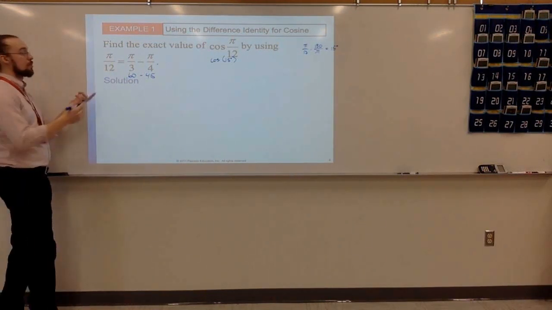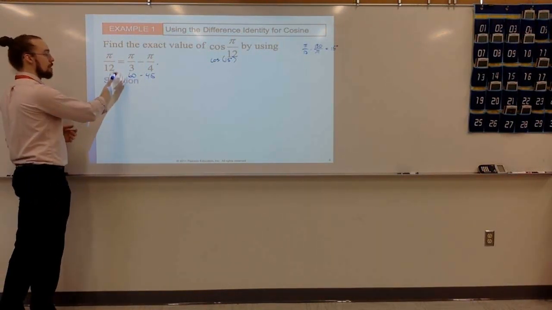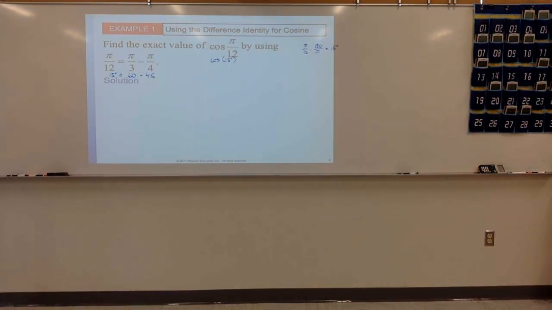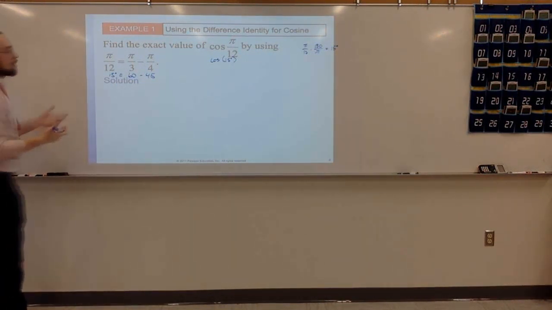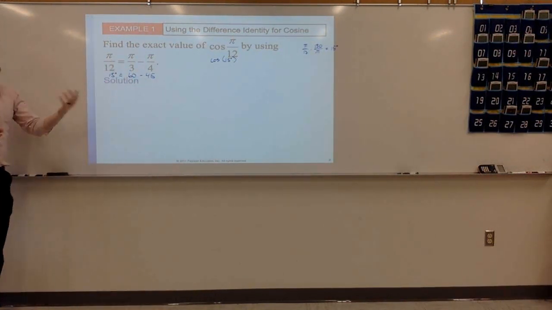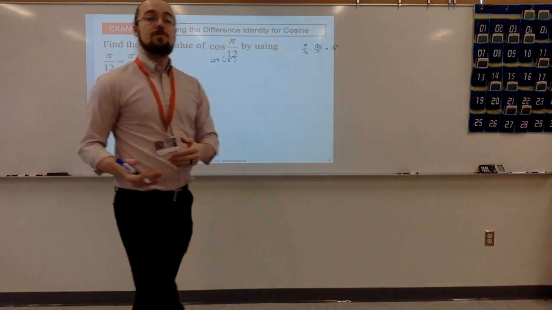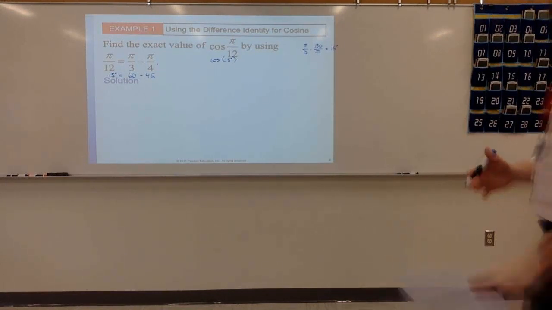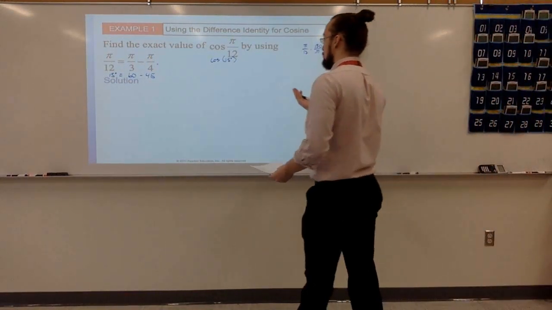So 15 is the same as 60 minus 45. In terms of radians, pi over 12 is equal to pi over 3 minus pi over 4. So we can use this formula to calculate the exact value of cosine of 15 degrees, or pi over 12.